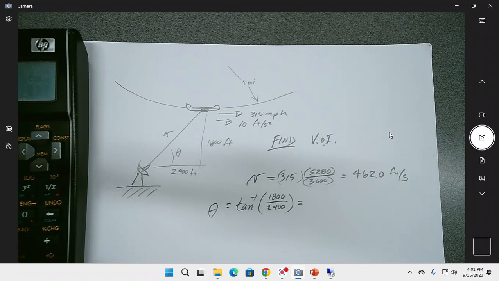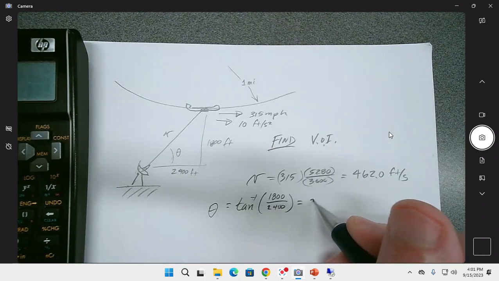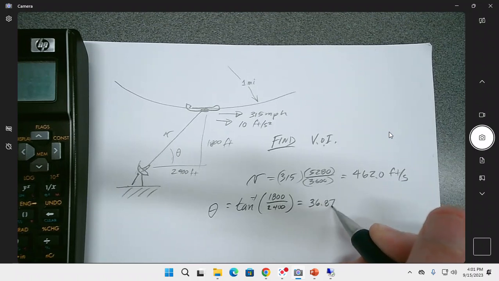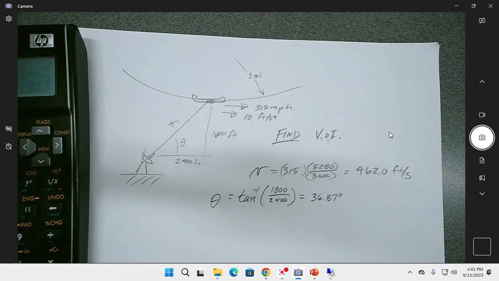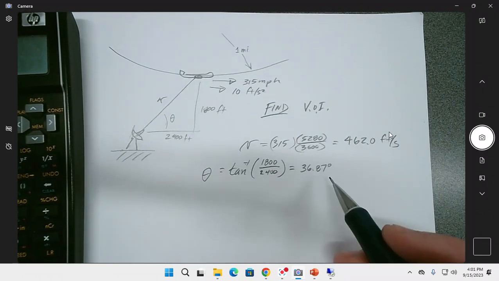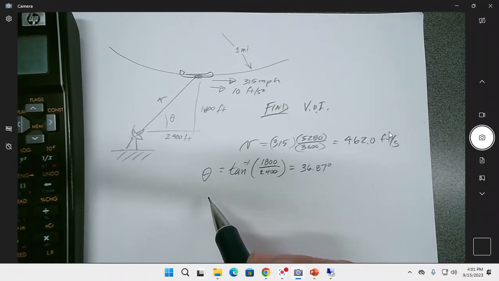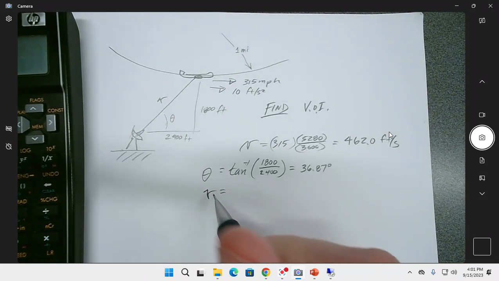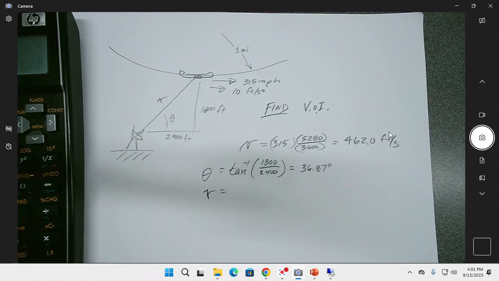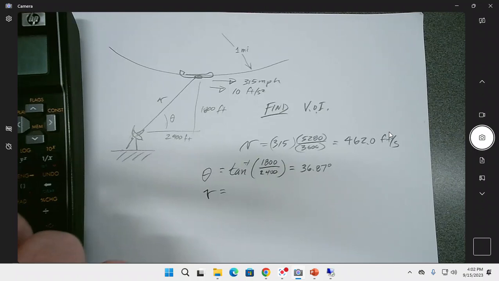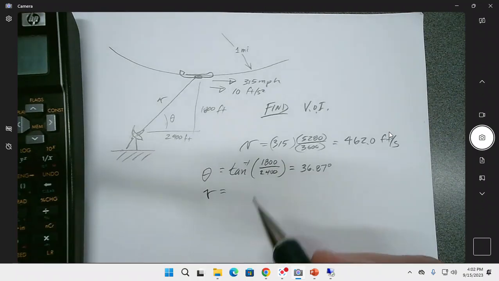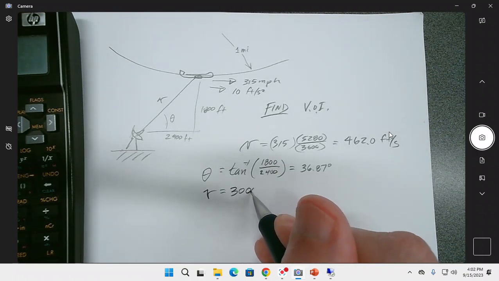No. Made a liar out of me. No, it is 345. Sorry, 36.87 degrees. Yeah, 345 triangle. I hate that. Don't like them. And the R, we could do this in our heads, but I'm not going to. 3,000 feet.